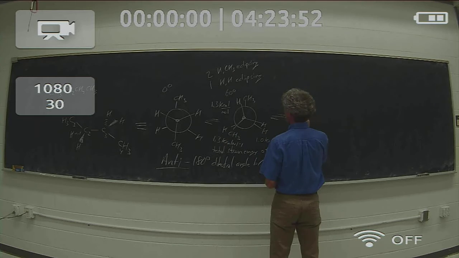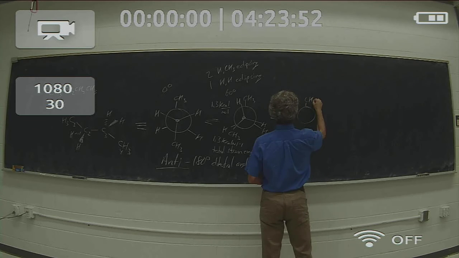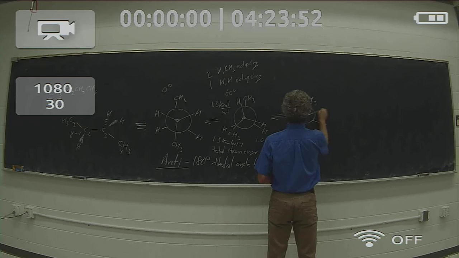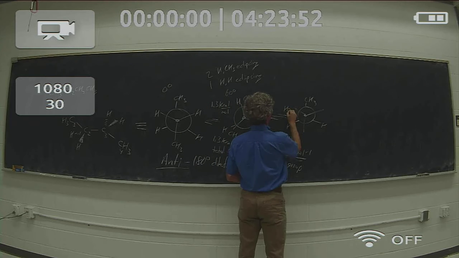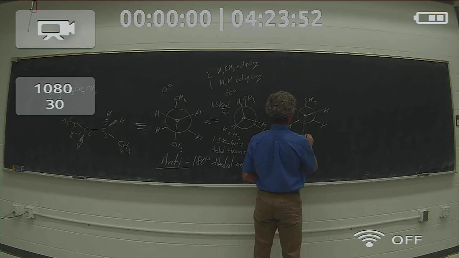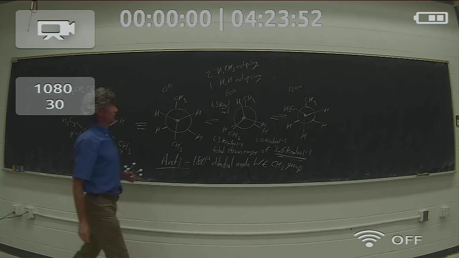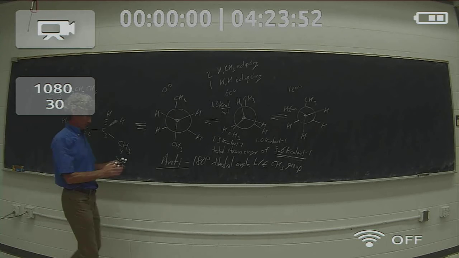So now we're going to rotate that 60 degrees, right, to go from the 60 to the 120 degree conformer. That'll be another staggered conformer, the CH3 group now coming up here. So it has no eclipsing strain, but it does have strain.